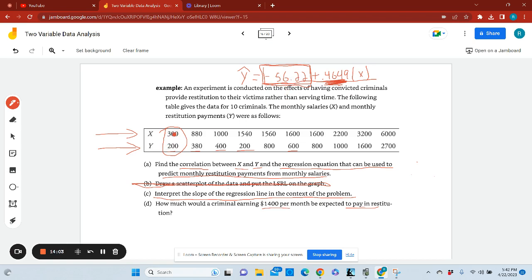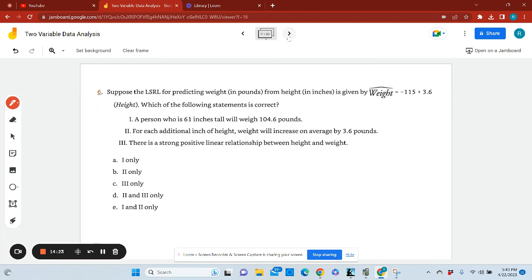Obviously, within the context of the problem, the model only makes sense if you're making some amount of dollars per month. It doesn't really make sense if you're not making any money, you wouldn't have any money to pay in restitution, right? But we built the regression line, we identified the correlation, and we even made a prediction about a y variable based on an x.